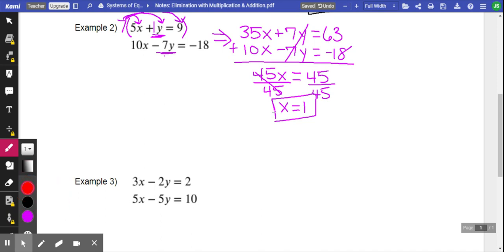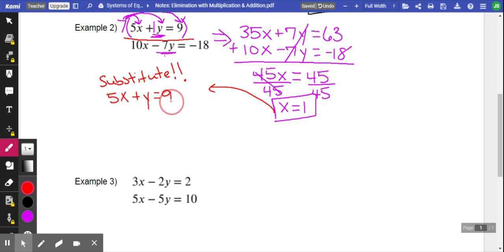So I'm going to take my x again, and I'm going to substitute. When I look at my two equations up above, I think that this top one looks a little bit easier. So I'm going to use that one. 5x plus y is equal to 9.